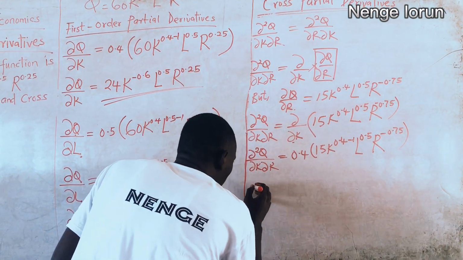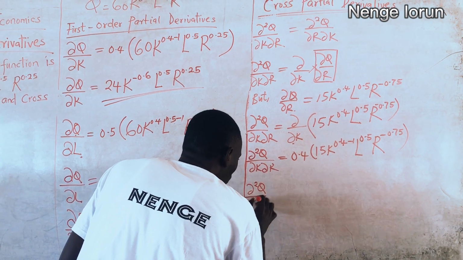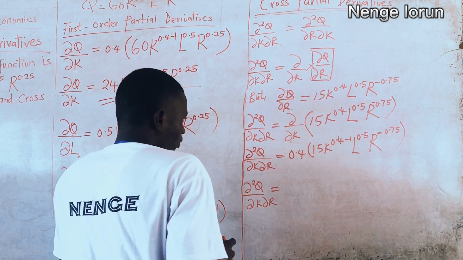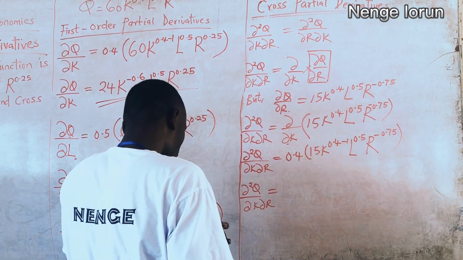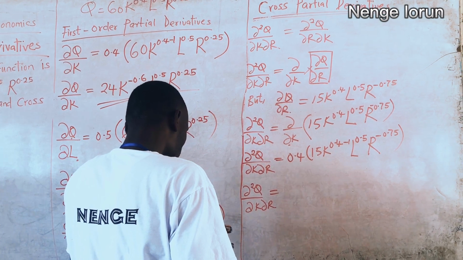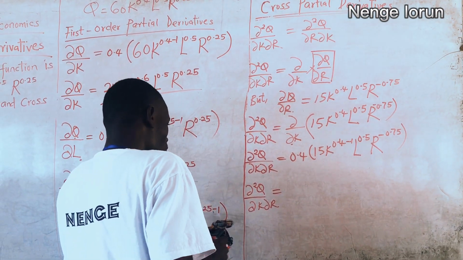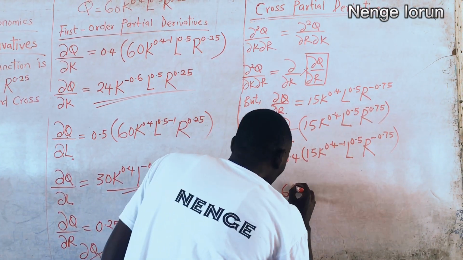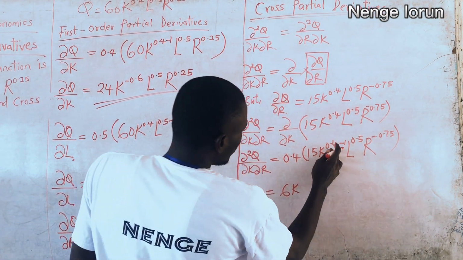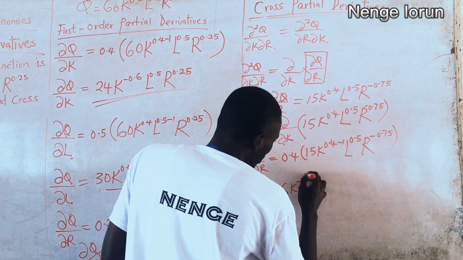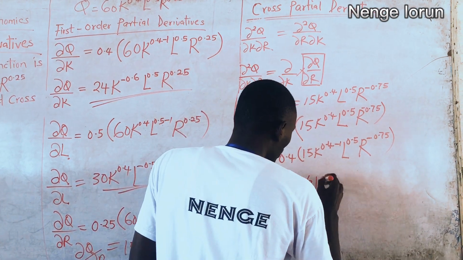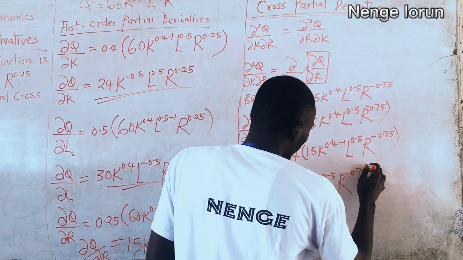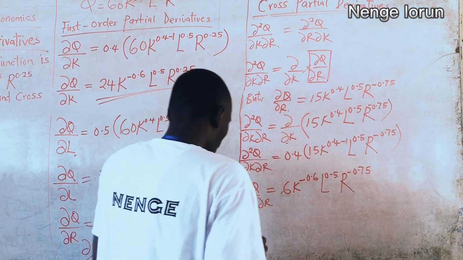So now, we have the cross-partial derivative of q with respect to k with respect to r, which is equal to 0.4 times 15, which gives 6, k raised to the power of 0.4 minus 1, which is negative 0.6. Then L raised to the power of 0.5, r raised to the power of negative 0.75.